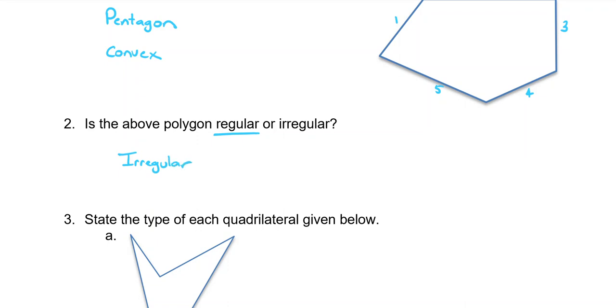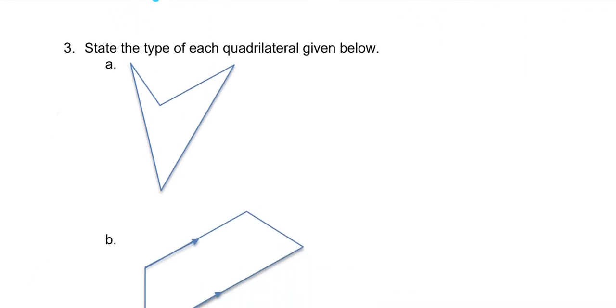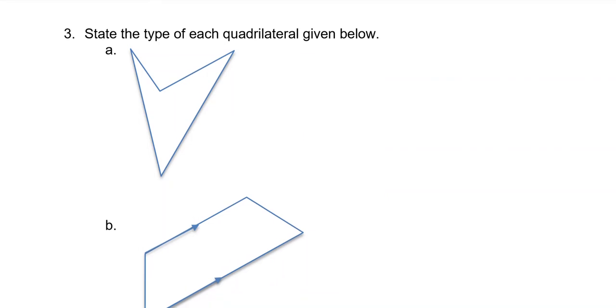Question 3. State the type of each quadrilateral given below. So this one, does it fit any of the properties in that big table that we looked at? Well, we can see we've got 1, 2, 3, 4 sides, but we don't have any equal sides, we don't have any equal angles, we don't have any parallel sides.